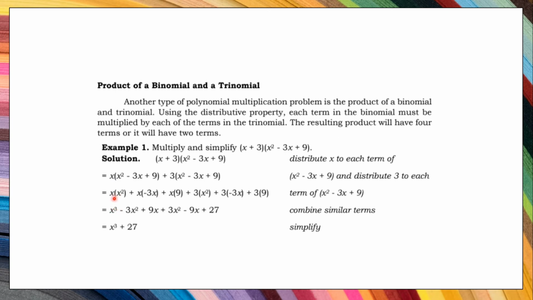So the answer there: x times x squared is equal to x cubed, plus x times minus 3x is equal to minus 3x squared, plus 9x because x times 9 equals 9x, plus 3 times x squared equals 3x squared, minus 9x because 3 times negative 3x equals negative 9x, plus the last is 3 times 9 equals 27.